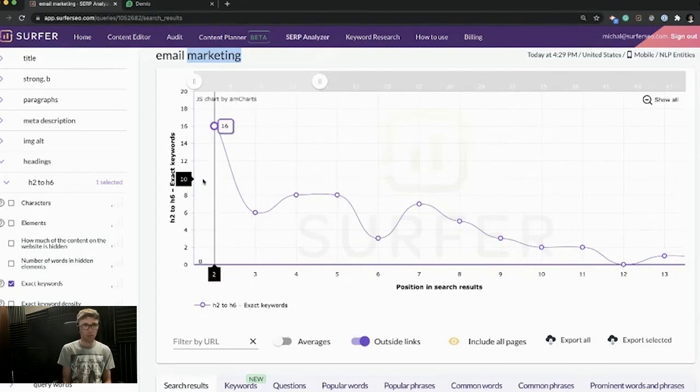So in this particular situation, having a lot of email marketing keywords in subheadings is extremely beneficial. Yes, Alex, they have 16 times, and they are not penalized for it, which means that it's a good strategy.